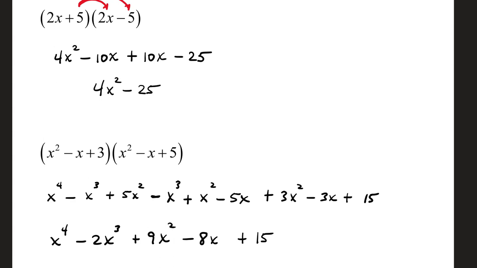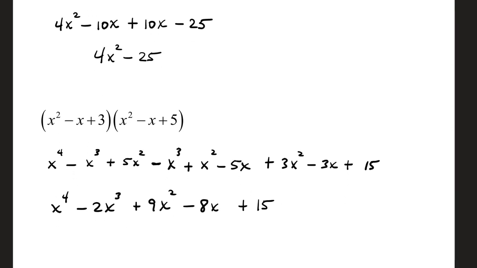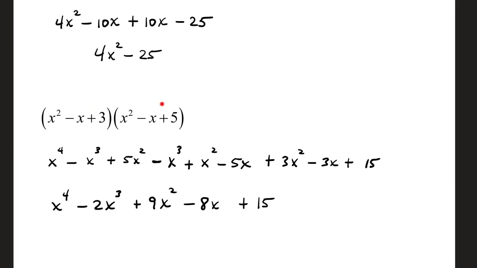And finally, the example at the bottom, we have 3 terms times 3 other terms. So again, the technique will be the same no matter how many there are. Start with your first term, distribute it, x squared times x squared, times negative x, times 5, and then you move to your next term, negative x times x squared, negative x times negative x, times 5, and then that term's exhausted.